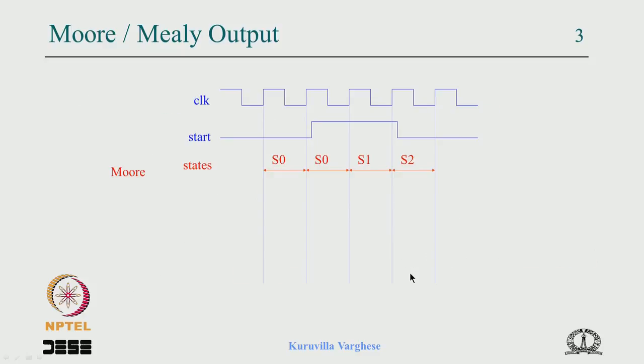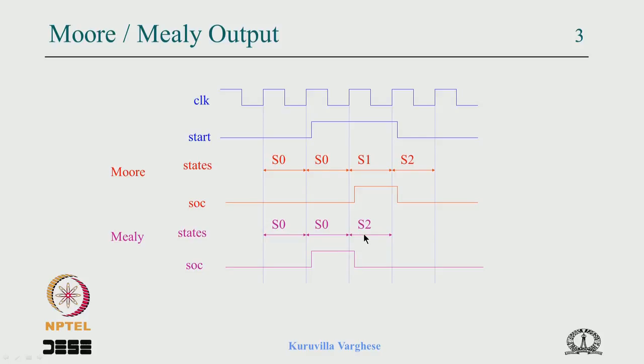And we looked at the timing, and we found that for the Moore kind of output, the SOC comes during the state S1, but for Mealy it comes during S0, and also one state is less.